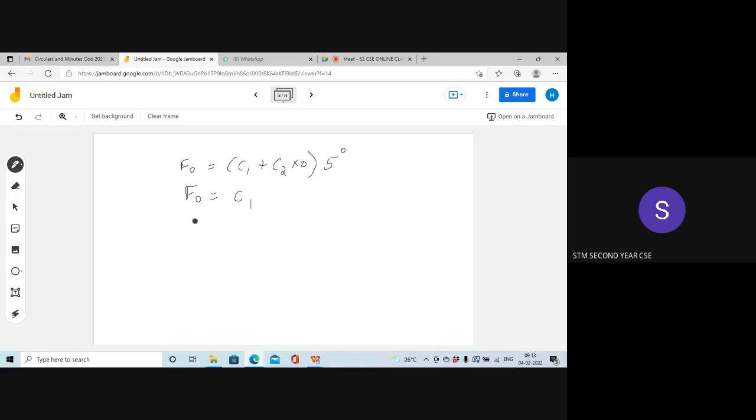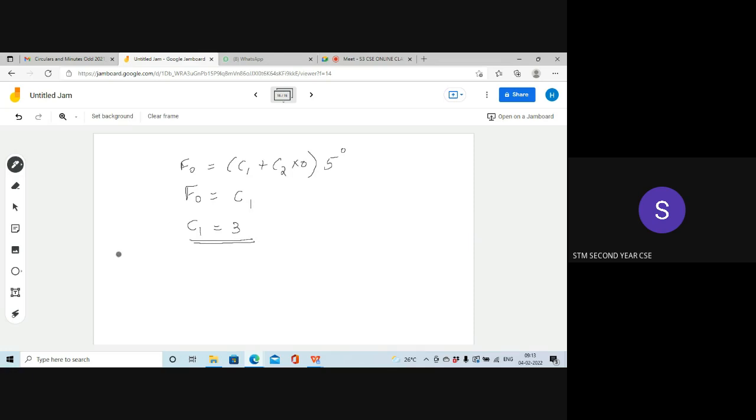What is the value of F0? Come on, fast. 3. Yes, so I have found the value of C1 as 3. Now I am given another initial condition also, that is F1.